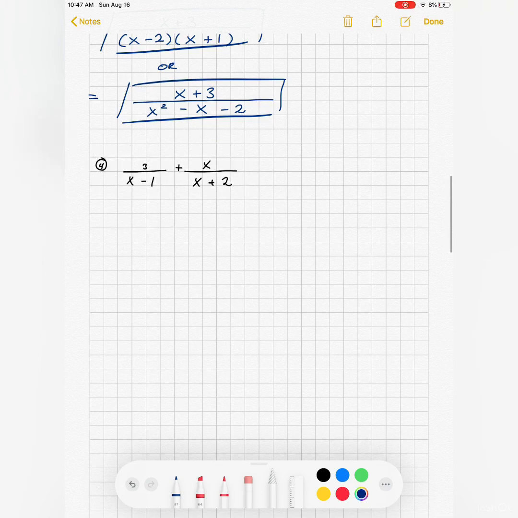So let's see. When I'm adding or subtracting fractions, that's a little different. With those, I need an LCD, least common denominator.